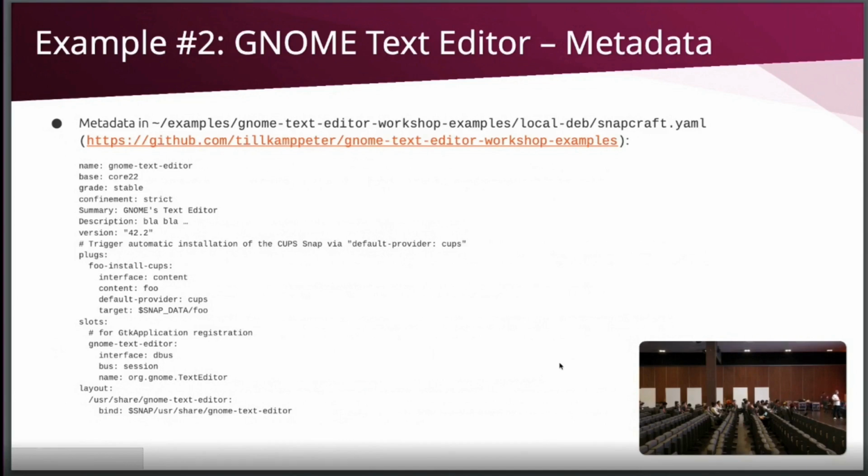And we have a layout directive. This is where we mount a certain part of our file system into another part of the file system inside the snap. For example, when we have a hard-coded path in the executable which we are snapping, either because we are snapping binaries or because it is too awkward to modify the path when we are compiling the source code. So we can get some fixes by mounting one location of the file system into another, and so making some resources available to the executable.